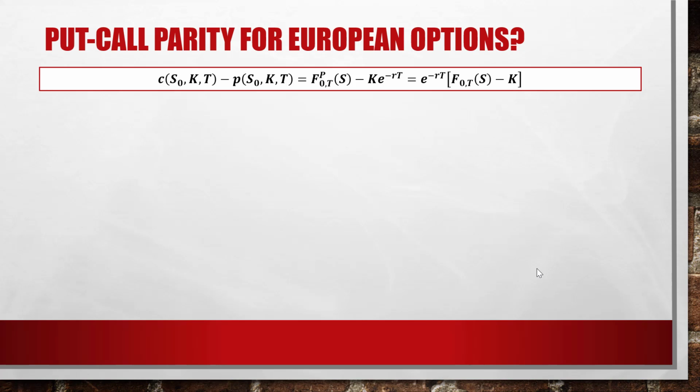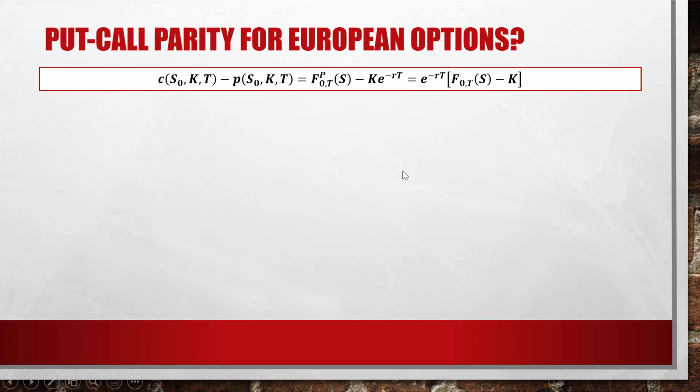So C(S0, K, T) minus P(S0, K, T) is equal to the prepaid forward price of the stock minus the present value of the strike, and is equal to e to the minus rT times (F0,T minus K) when we factor e to the minus rT out.